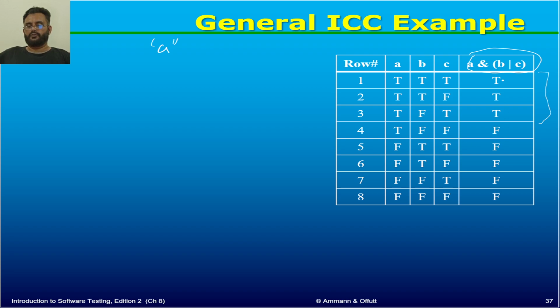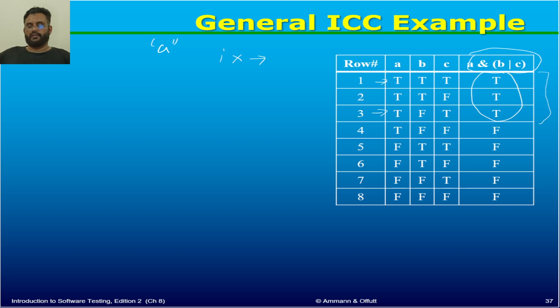In these 3 rows the predicate is true. If I find A's values to be true and false here, then I will fulfill the first condition, that for the predicate true, A's value is true and A's value is false. So the first condition cannot be fulfilled in this case, because A does not have a false value where the predicate itself is true.